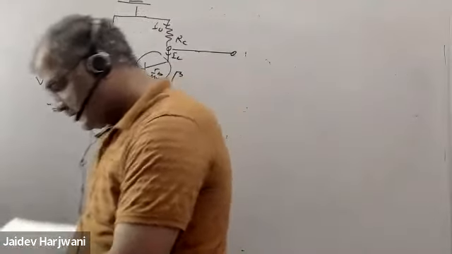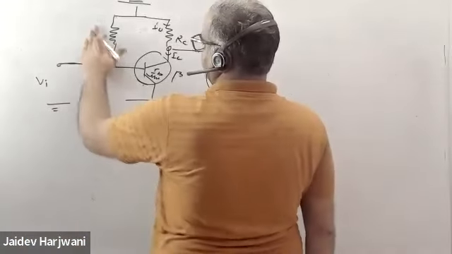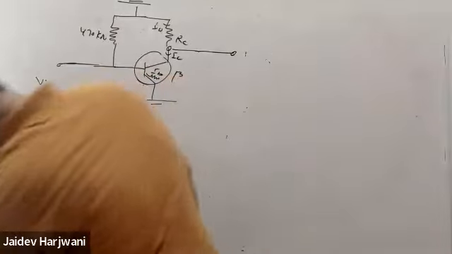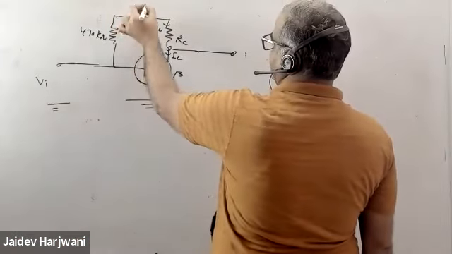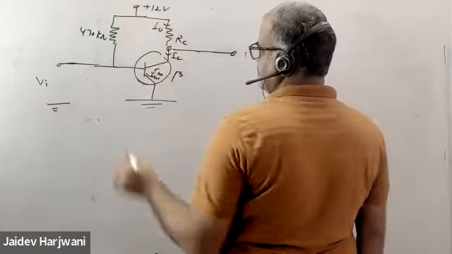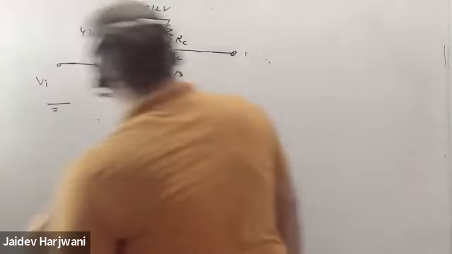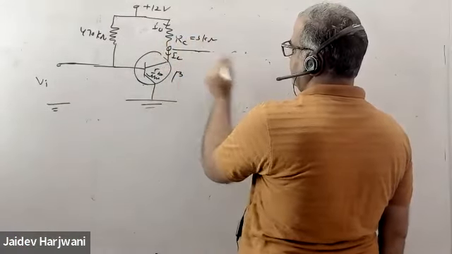Okay, now you have been given 470 kilo ohm. This is your 470 kilo ohm. Okay, and the VCC is plus 12 volt. Okay, and RC value is given 3 kilo ohm.